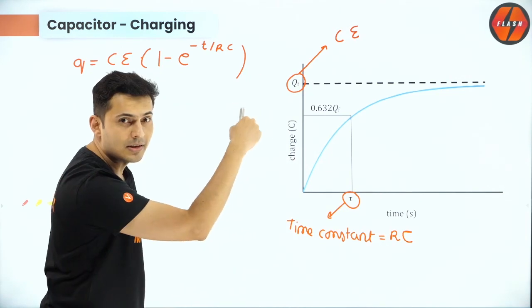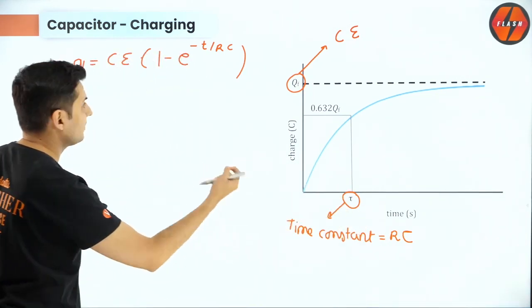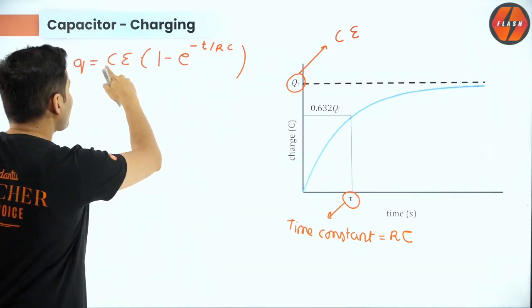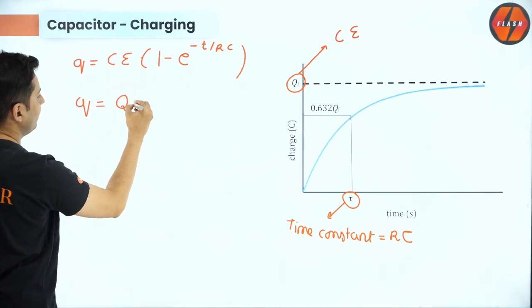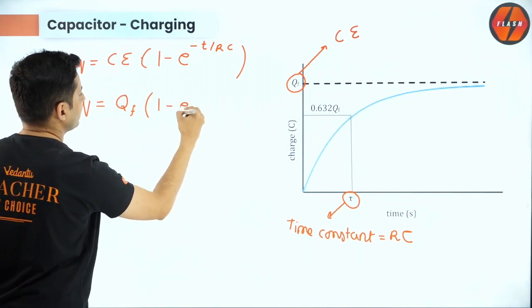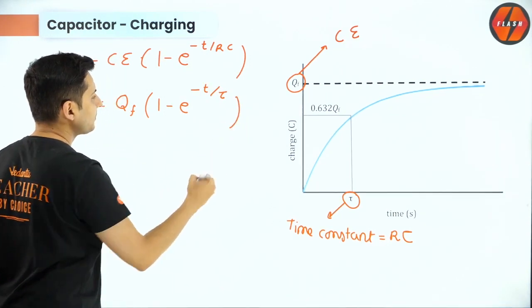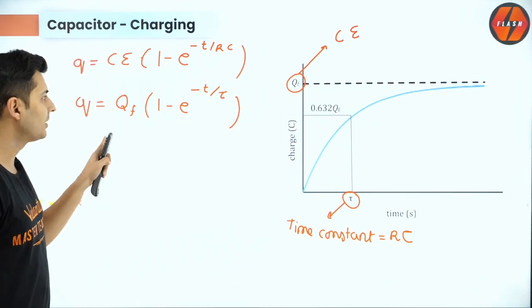That same symbol which you use in torque, the same symbol you use here. That's the value of something called the time constant, resistance into capacitance. You can write this beautiful formula like this: QF, final charge, into 1 minus e to the power minus t by tau. This is the formula in the modified form of time constant.